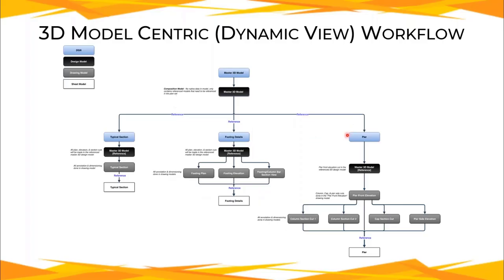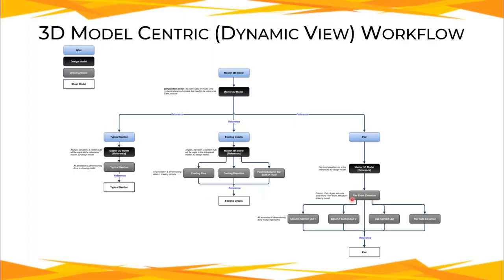Again, same thing. We're going to start off with creating a pier DGN file, referencing in our OBM model into that design model within the pier DGN file, and doing 1 section cut to get my pier front elevation view here. And then I can put any of the annotations that I want for that particular view in there.